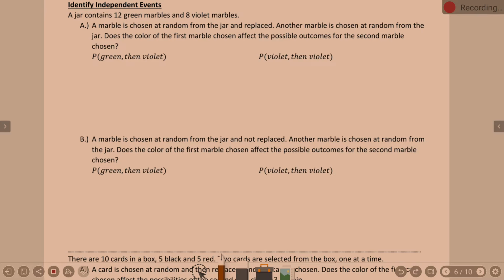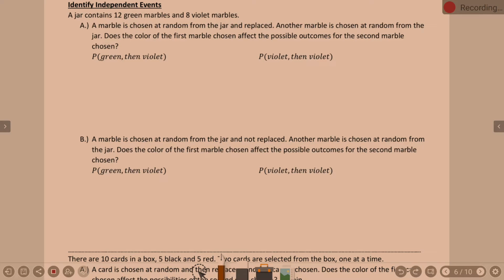As we move into the next page, we're going to talk about being able to identify independent events, whether or not two events that happen back to back are independent. I don't know that we're actually going to find these probabilities, more just talk about whether or not they affect each other and how you would find the probabilities here.